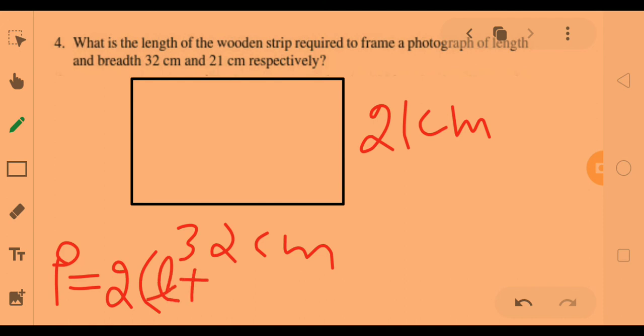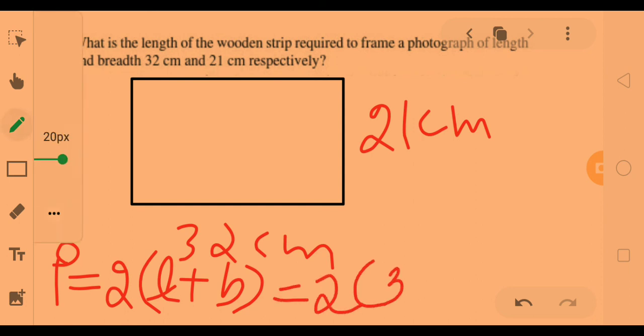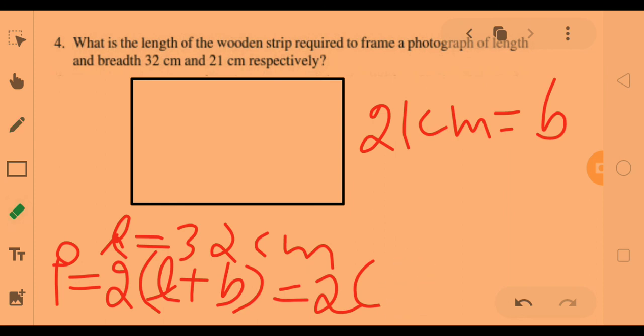So first of all we write the formula, 2 times (length plus breadth), which is equal to 2 times, here the length is 32 centimeter and its breadth is 21 centimeter. So we will write 2 times (32 plus 21).